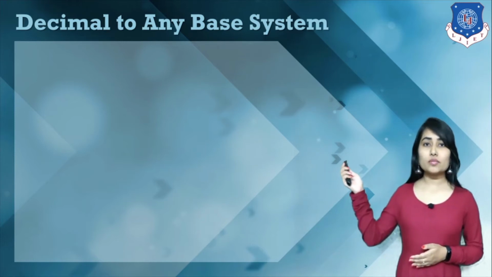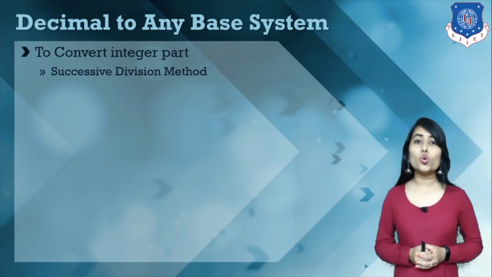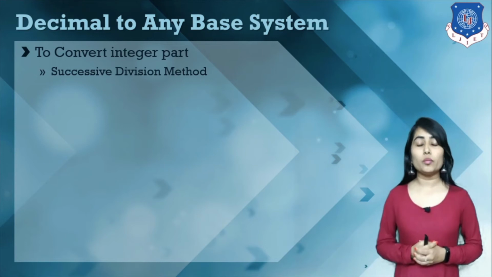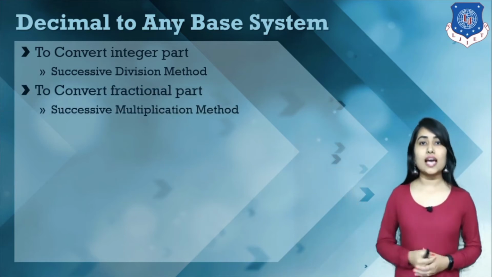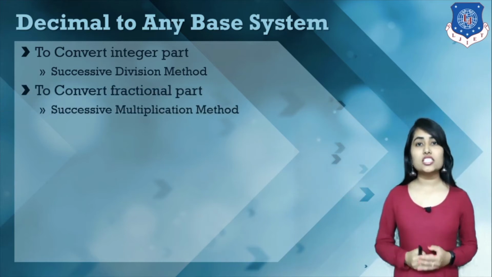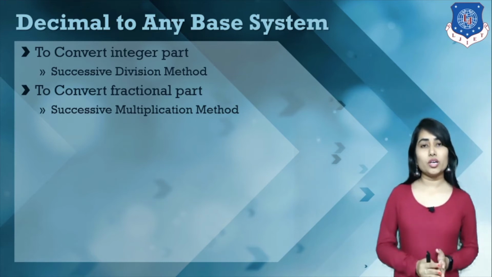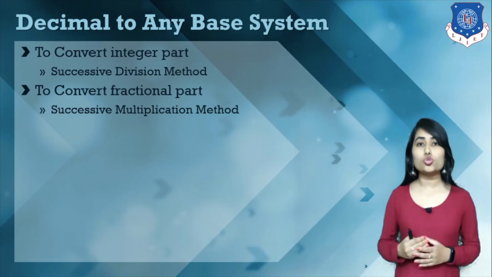In decimal to other base conversion, the method to convert the integer number into any other base system is the successive division method, and to convert the fractional number into the desired base, we have the successive multiplication method. So to convert any decimal number into the desired base system, we have to use these two methods.